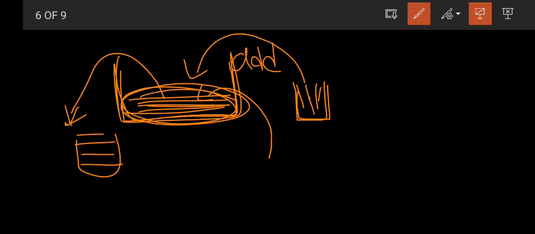The child can't understand this. We added and removed, but the child will think there is still some extra amount of rice in this bowl. Like that the child will think. Okay, now let us move to the next slide.